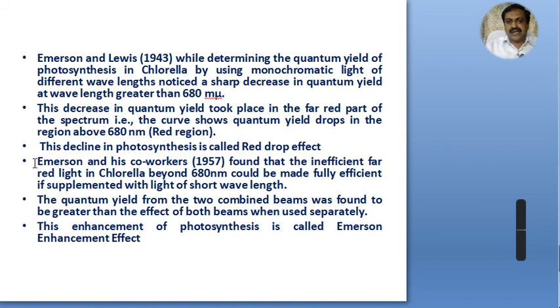Emerson and his co-workers in 1957 found that the inefficiency of red light in Chlorella beyond 680 nanometers could be made fully efficient if supplemented with light of short wavelength alternatively. The quantum yield from the two combined beams was found to be greater than the sum of the effects of both beams when used separately. This enhancement of photosynthesis is called the Emerson effect.